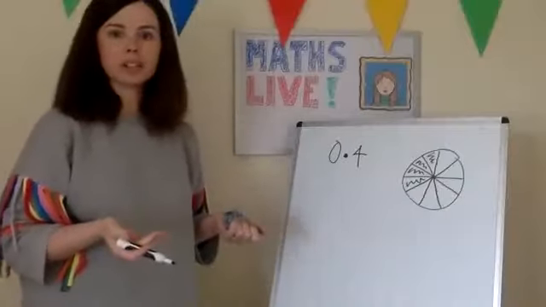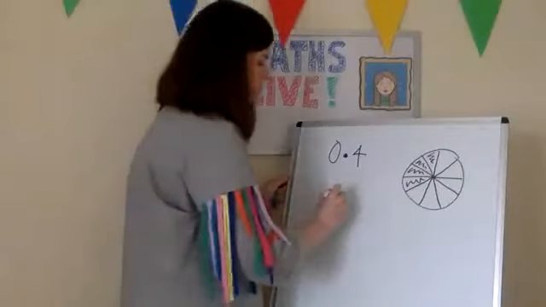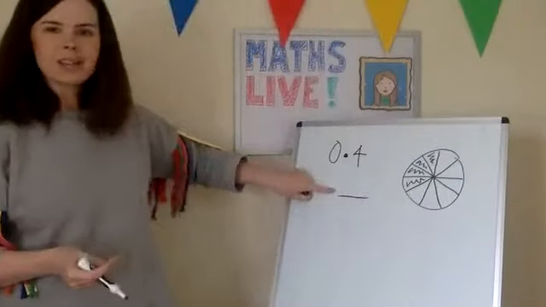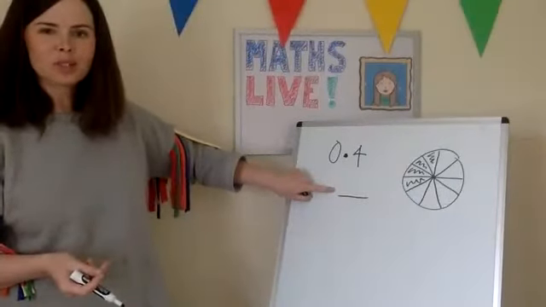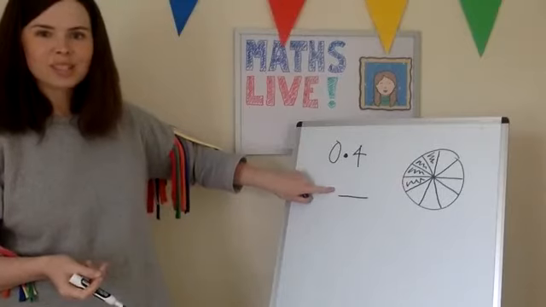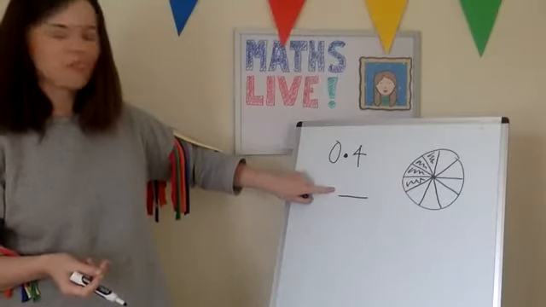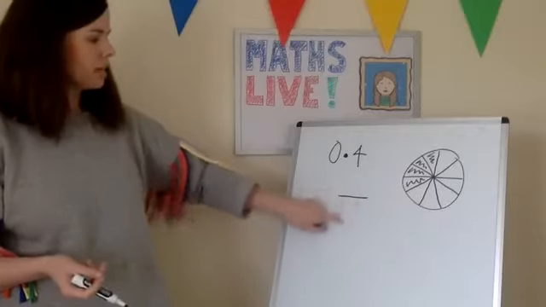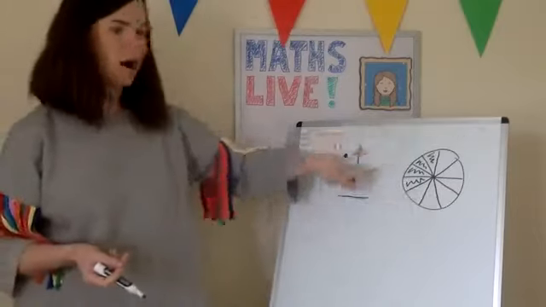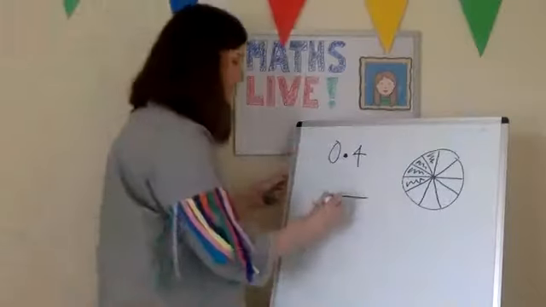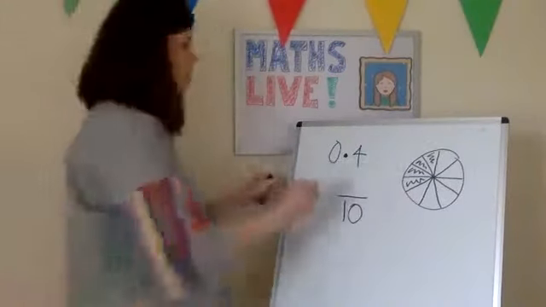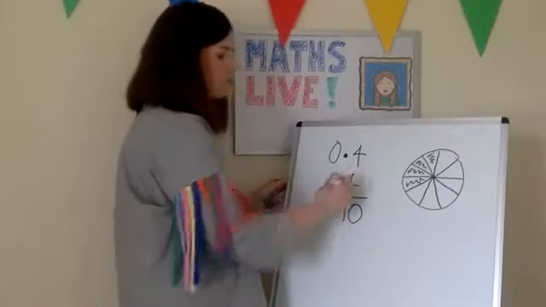And as a fraction is where we've got the top number and the bottom number. Can anyone remember what the top part of a fraction's called? Say it to someone in the house. Can you remember the numerator? The denominator. The denominator of a fraction is how many parts there are. So in this pizza, there are 10 parts. And how many parts are shaded? There are 4.